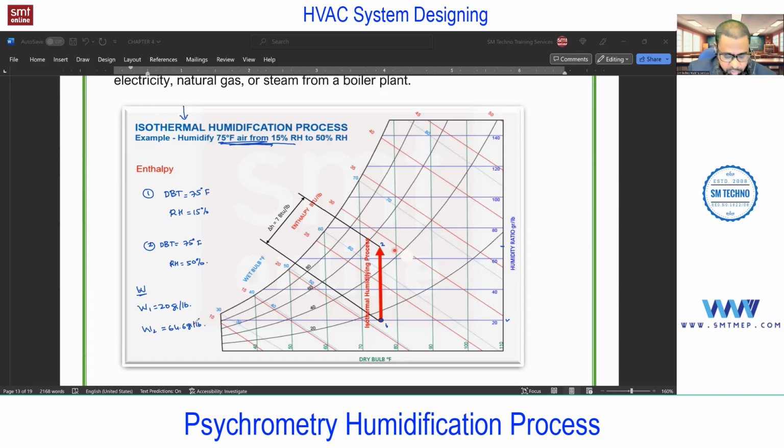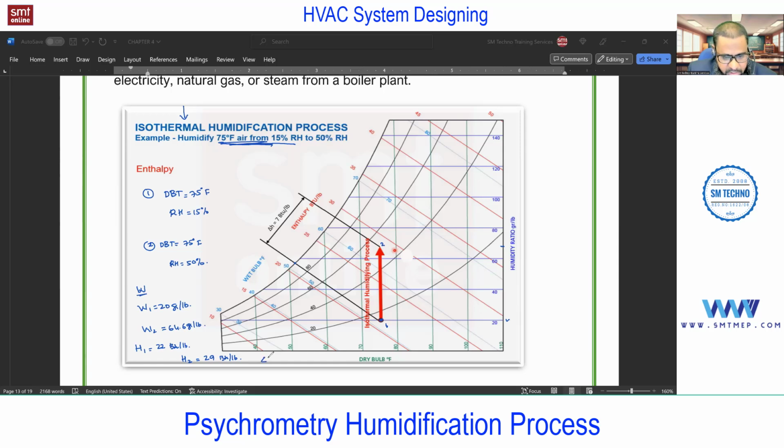So now we'll check the enthalpy. H1, this is at 0.1. So this H1, you see 20, 25, I got 22 BTU per pound. Then H2, this is a point, 28. When you check, I'm getting 29 BTU per pound.